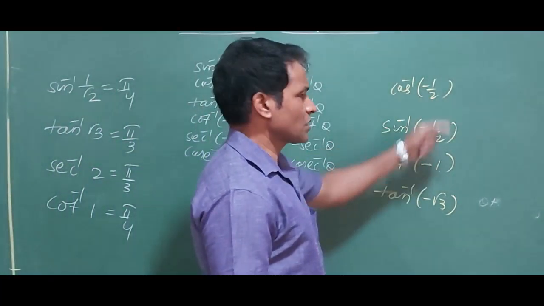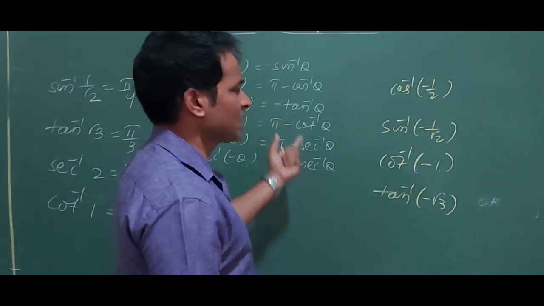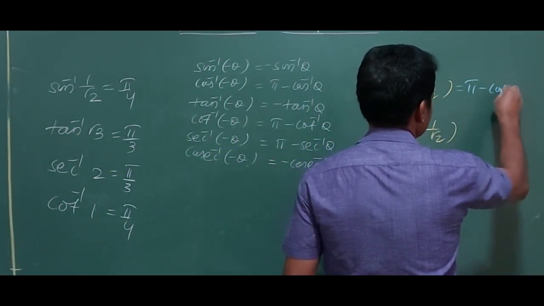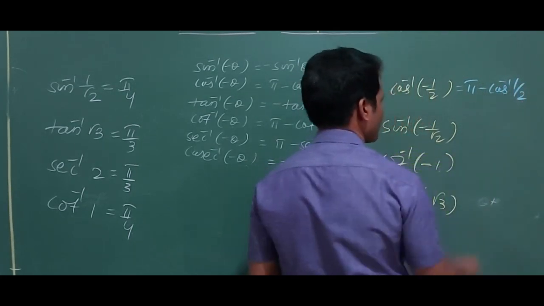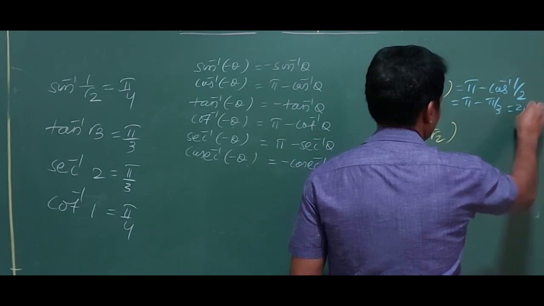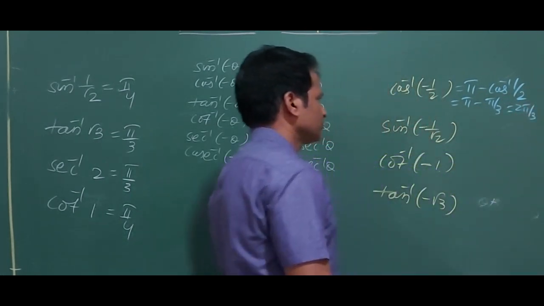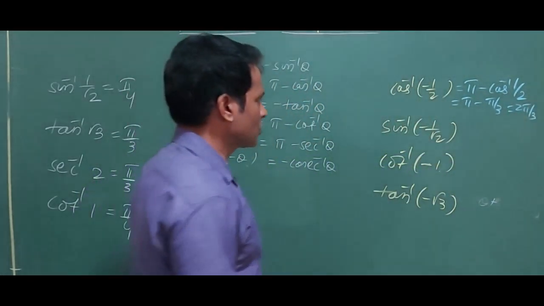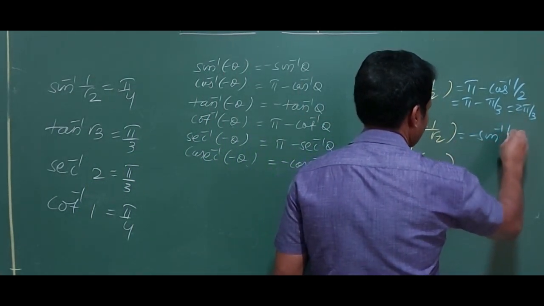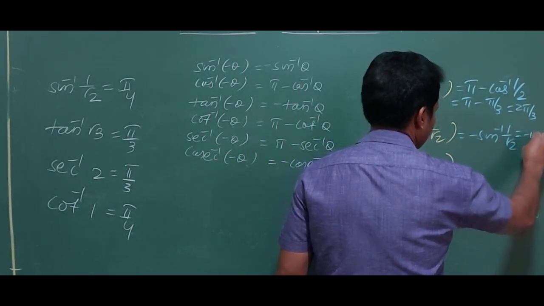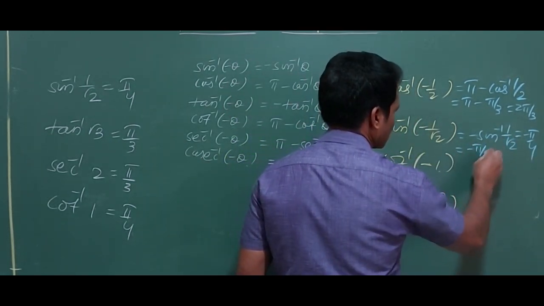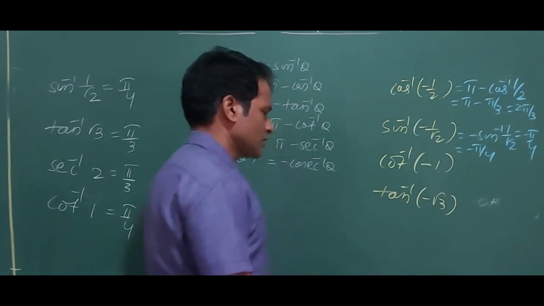Cos inverse of minus 1 by 2 is pi minus cos inverse of 1 by 2. That's all. Pi minus pi by 3, that is 2 pi by 3. Sin inverse of minus 1 by root 2 is minus sin inverse of 1 by root 2, which is minus pi by 4.